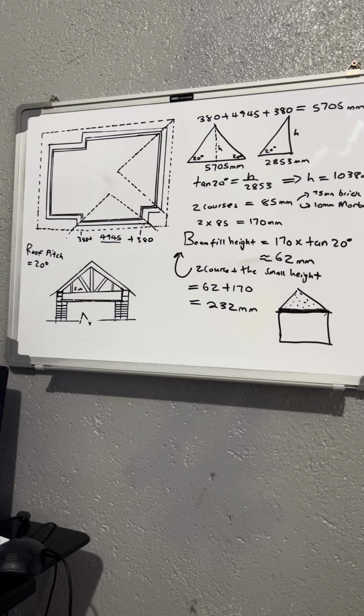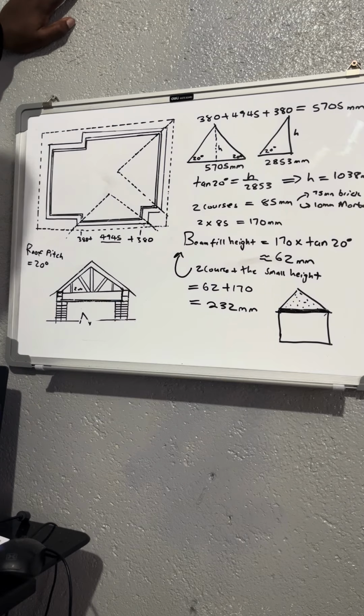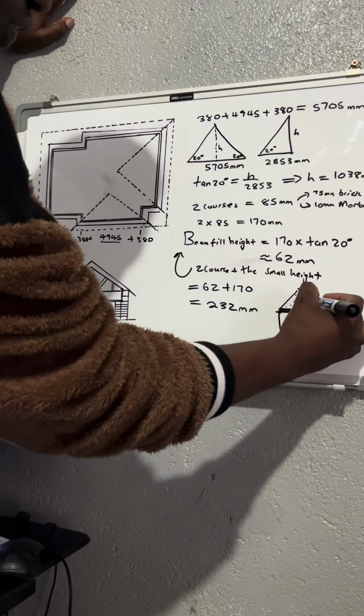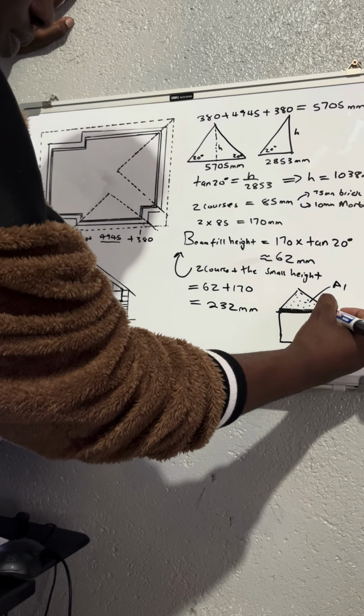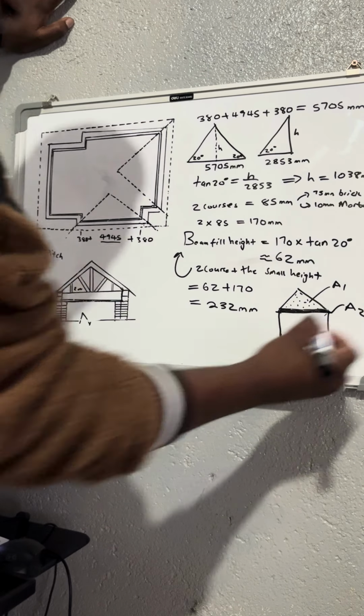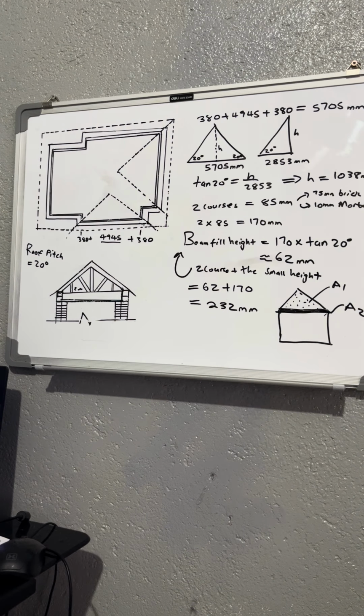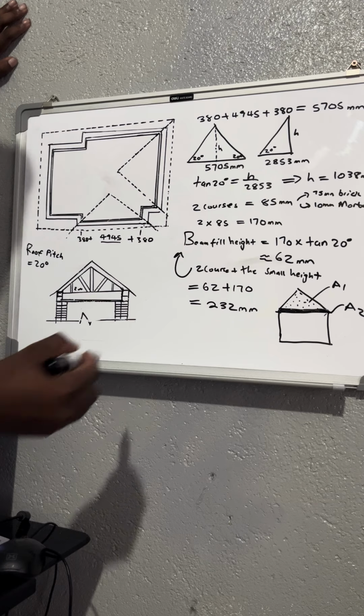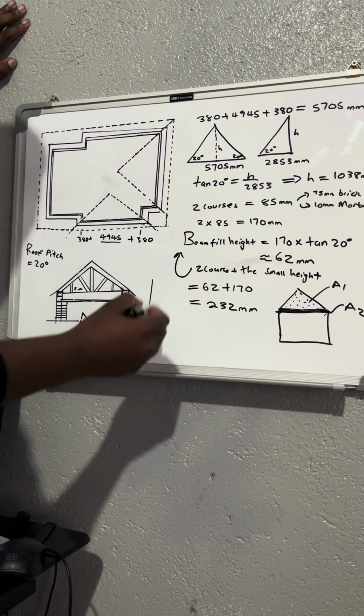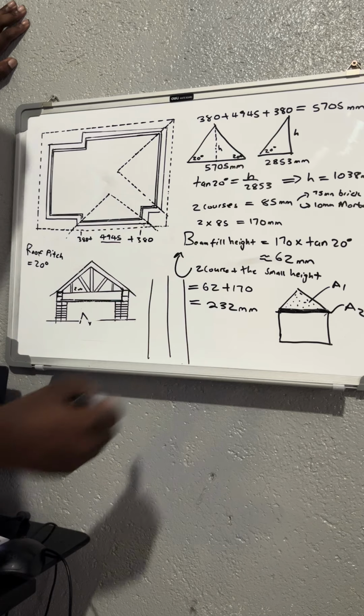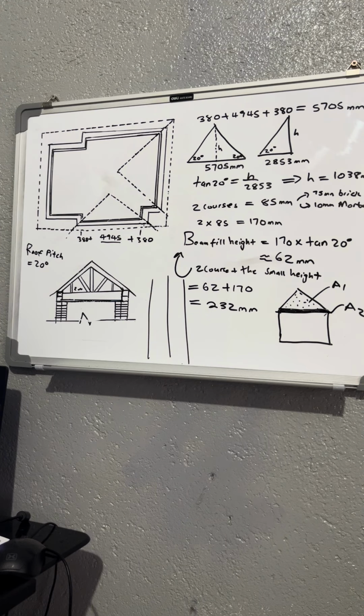So it means now we have 2 areas that we're going to be working with. We have area 1 and we have area 2. So when you go to your measuring paper, how are you going to do it?